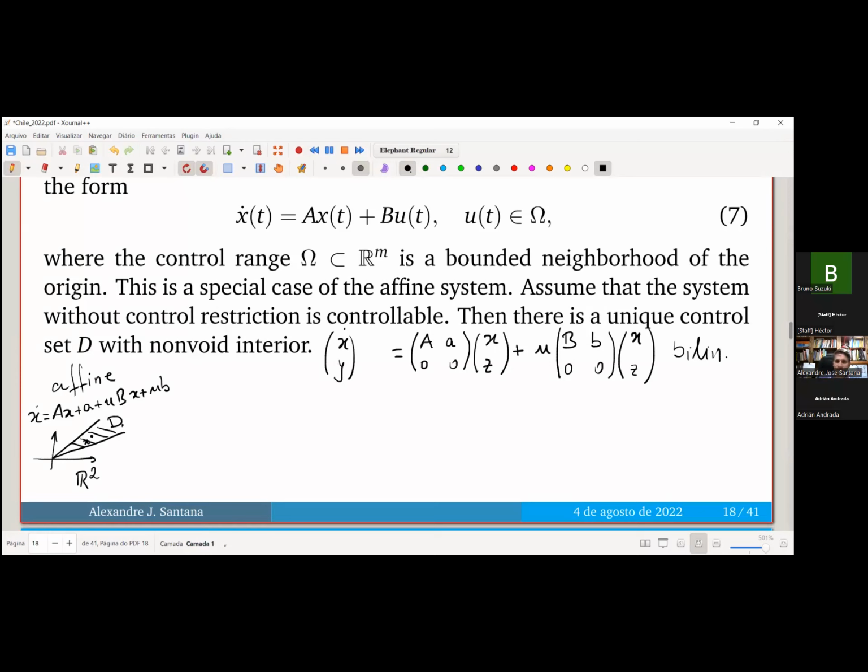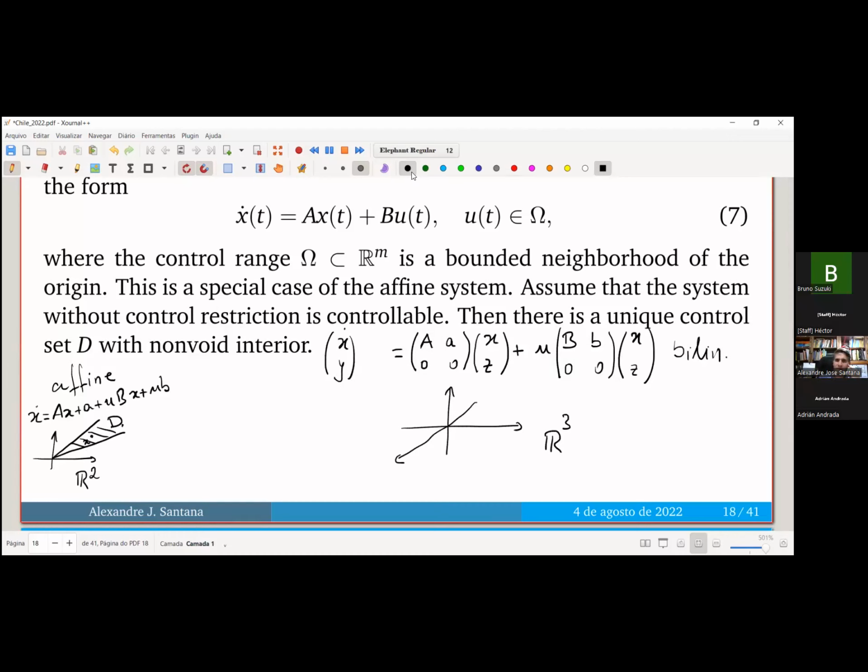Of course, this system is now in R3, because this element x is an element of R2 and this element here is an element of the straight line.